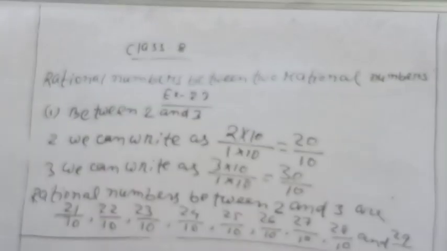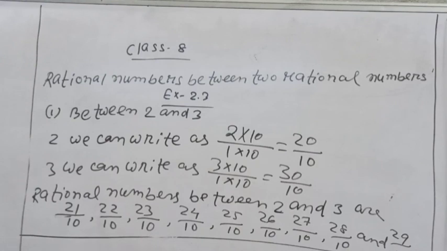So these are the rational numbers that lie between 2 and 3. Here I have to find one rational number, but I have shown all the rational numbers between 2 and 3.